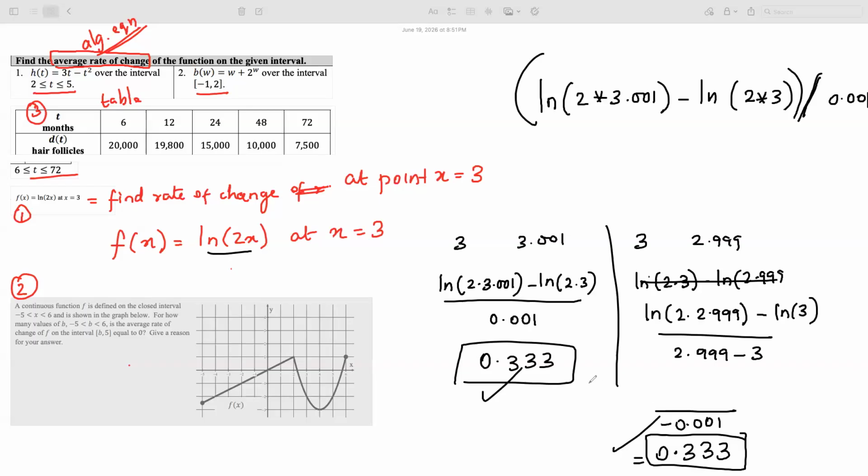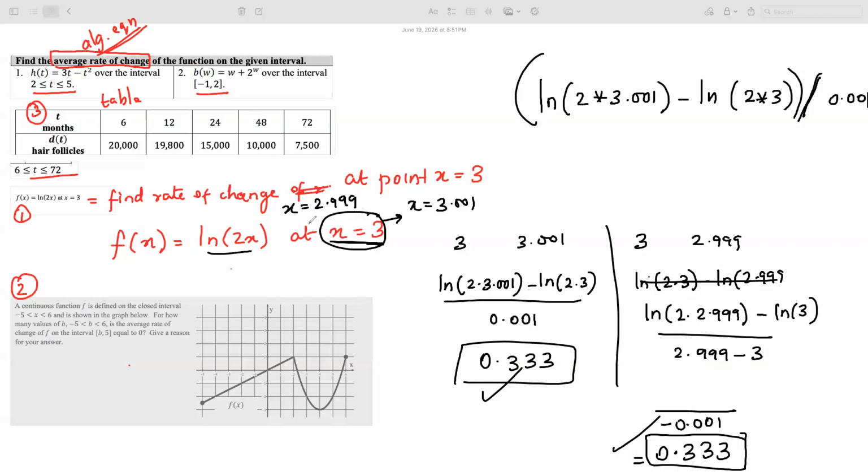Find the rate of change at point x equal to 3, f of x equal to ln(2x). If they have given only one point, you choose a point that is nearby. They have given x equal to 3. You choose another point, x equal to 3.001 or x equal to 2.999.